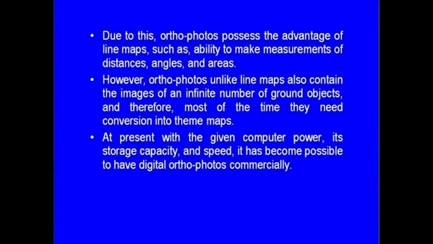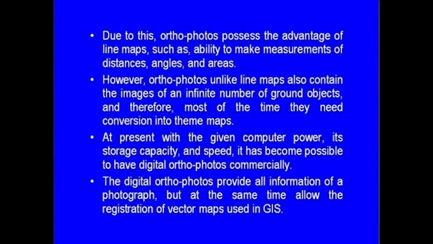At present, with the given computer power, its storage capacity and speed, it has become possible to have digital orthophotos commercially. The digital orthophotos provide all information of a photograph, but at the same time allow the registration of vector maps used in GIS.